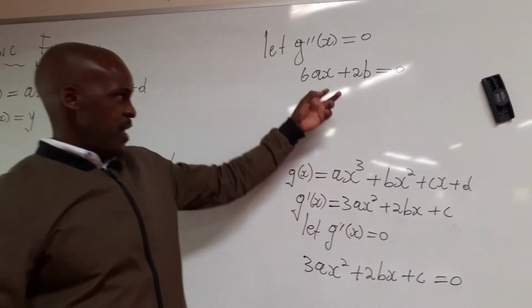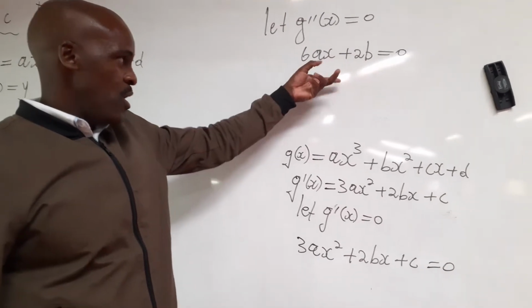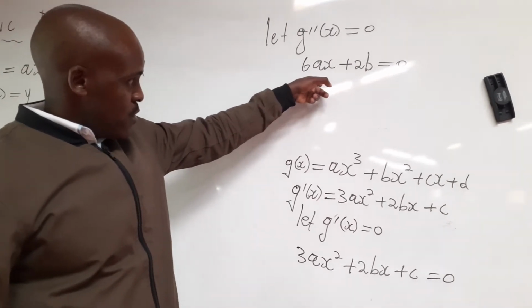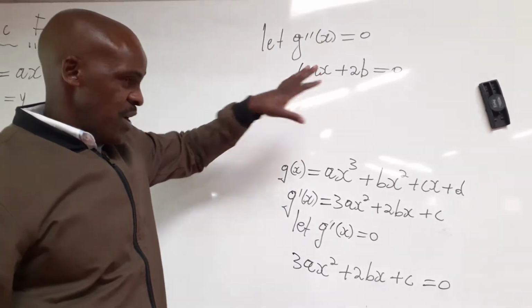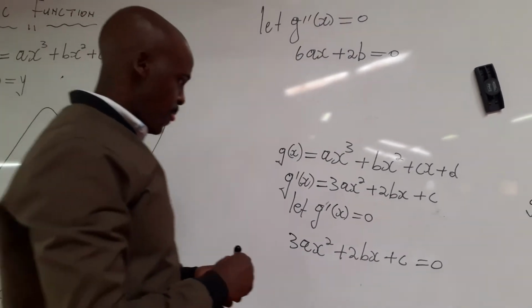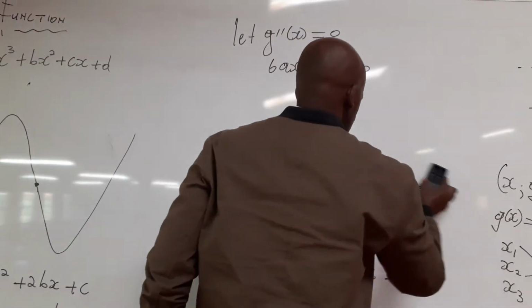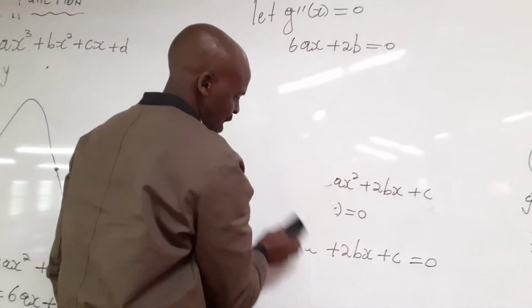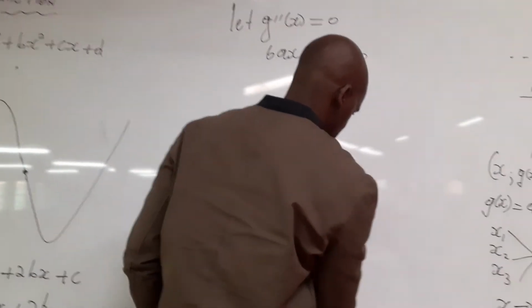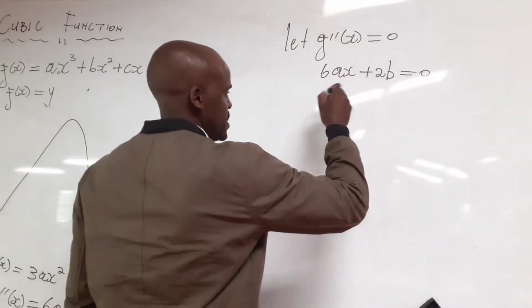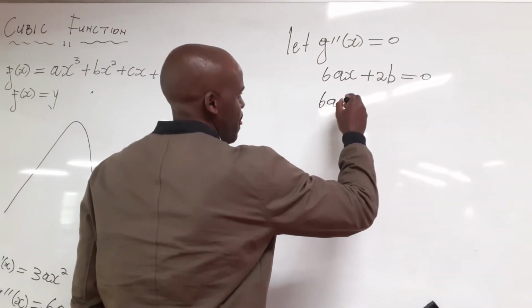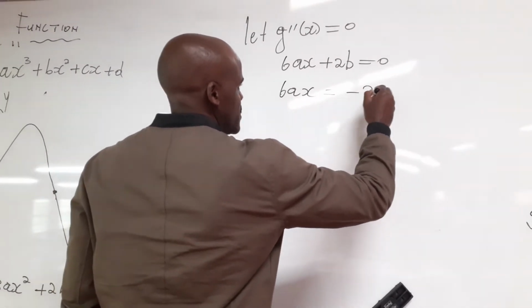So you've got x only now, there is no longer y. So it's a matter of transposing and then solving for x. It's 6ax equals negative 2b.